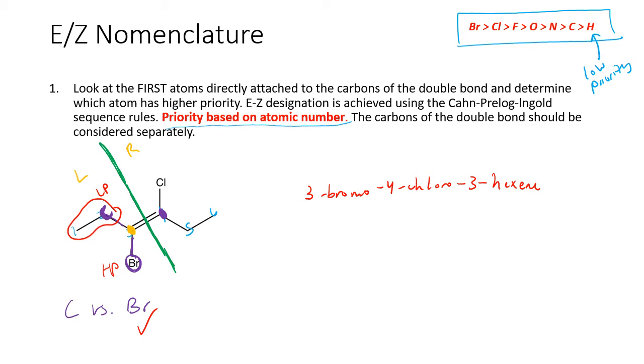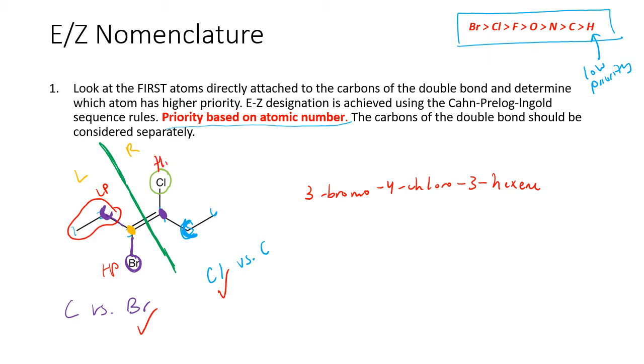If I go up from there, I'm going to come to a chloro group first. That's directly bonded to that purple dot. And if I go down from that purple dot, what I'm going to come to is a carbon group right here. So now I have a war on the right-hand side of chloro versus carbon. Who has the higher atomic number? It's going to be the chloro group.